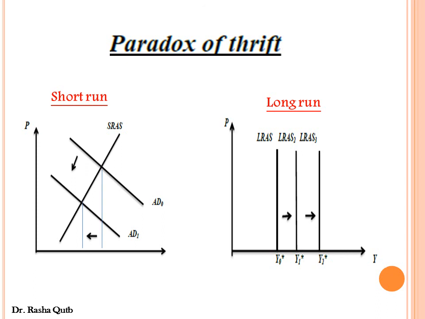In the short run, when I take the decision that national saving should increase, it has a negative effect, as the level of GDP or national income would be reduced, but in the long run the increase in national saving would boost economic growth through increasing investment, and investment affects national income through the multiplier.